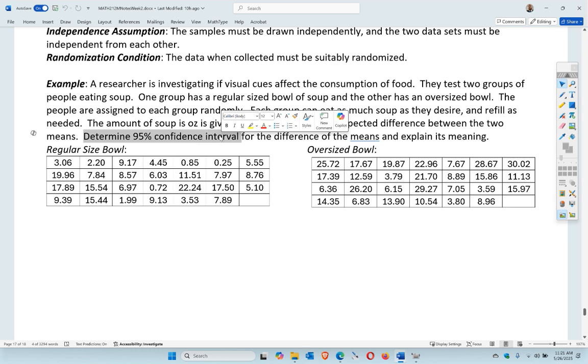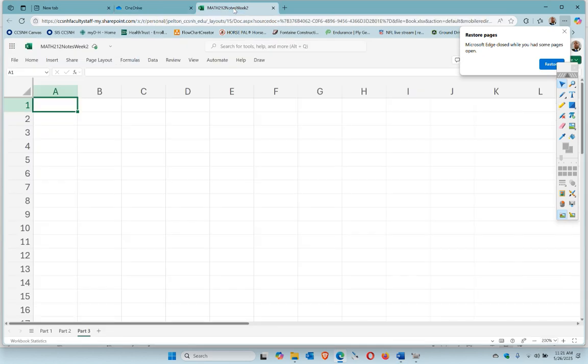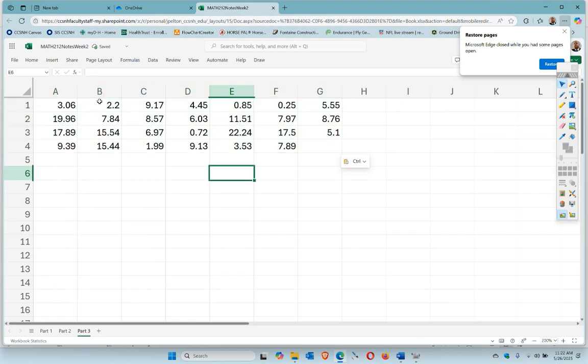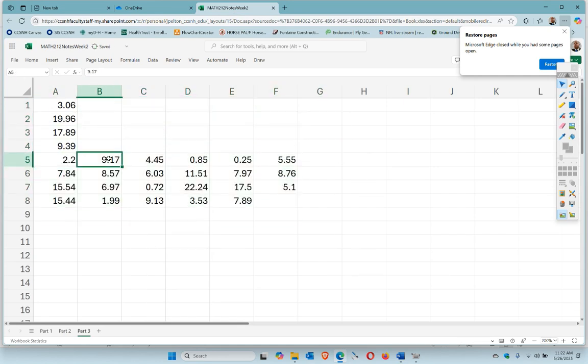Okay, so if we're going to do that, we're going to need to figure out the standard deviation and the mean for each of these. So I'm going to copy this to tab 3. Let's go to tab 3, part 3, and we'll paste the values only. We can probably just move these all in one line.